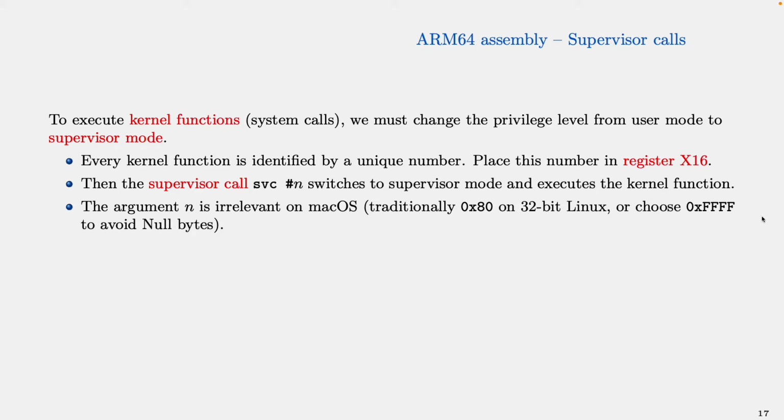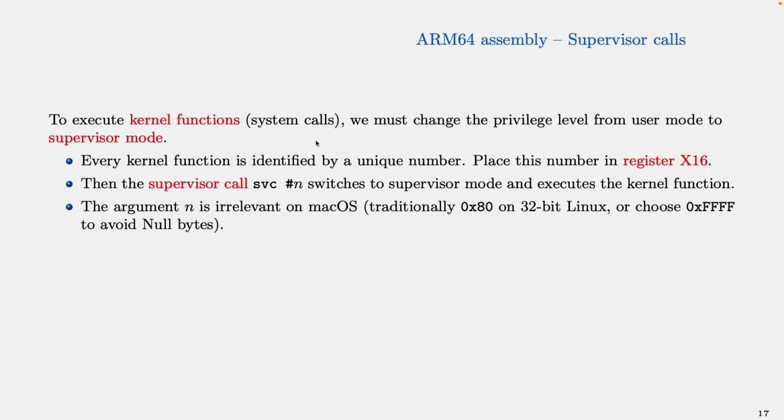Finally, let's understand those supervisor calls we've been making all the time in order to get kernel functions to work. So if we want to execute a kernel function, also referred to, as I've done so far, as system calls, we must change the privilege level from the normal user mode to supervisor mode. How do we do this?